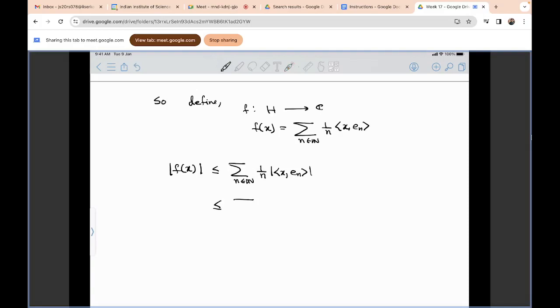So using Cauchy-Schwarz, what you will get is the summation of 1 by n square, n belongs to N, to the power half, times the summation over n belongs to N of the mod square of the inner product of x and e_n, to the power half.